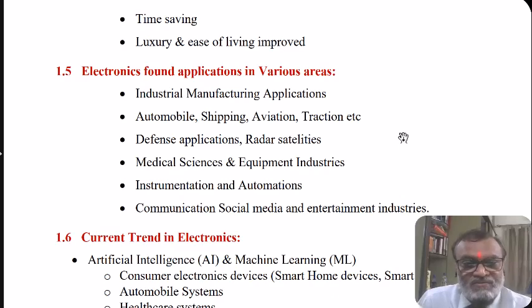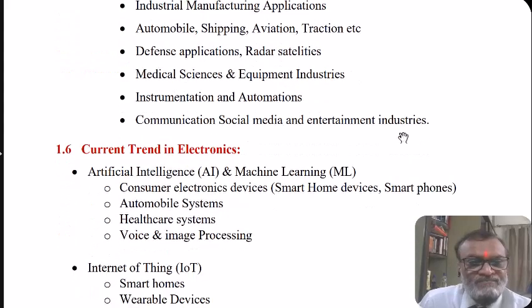Electronics is used in communication, social media and the entertainment industry also. And you will find that no area remains untouched where electronics isn't involved.